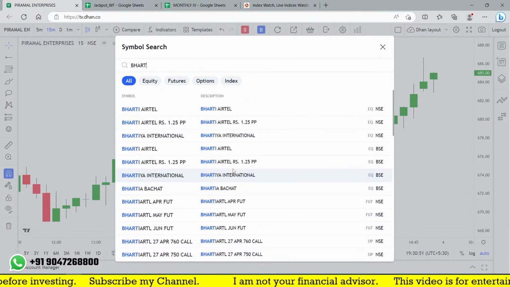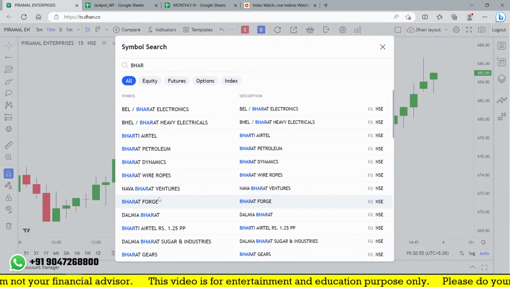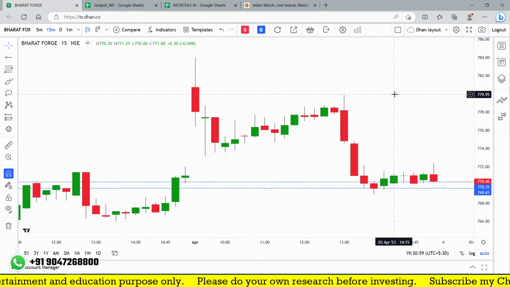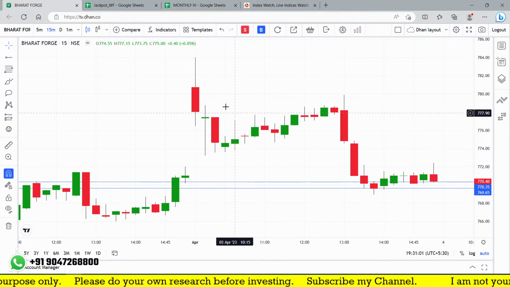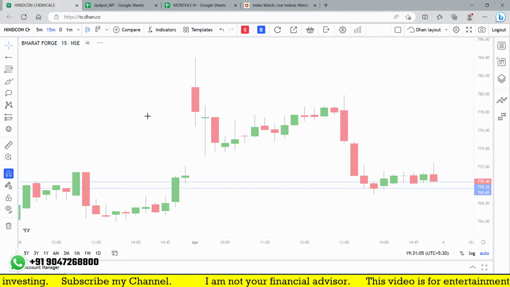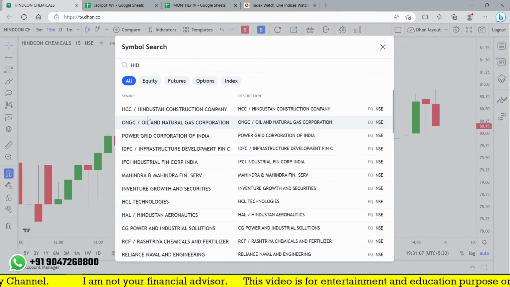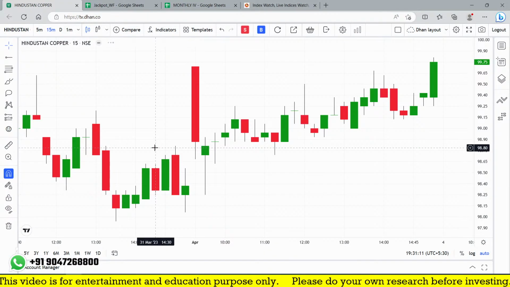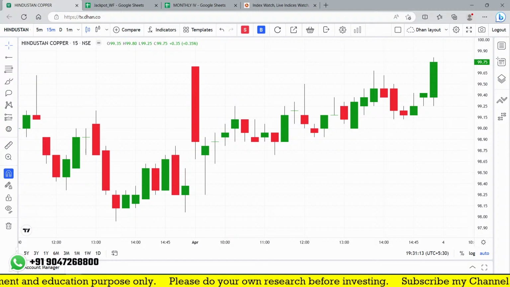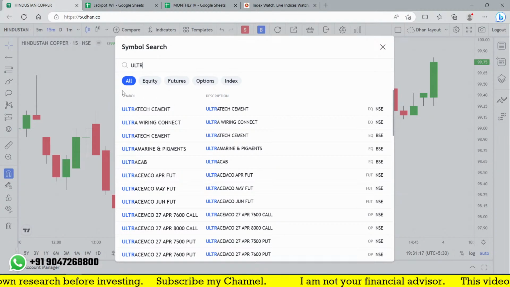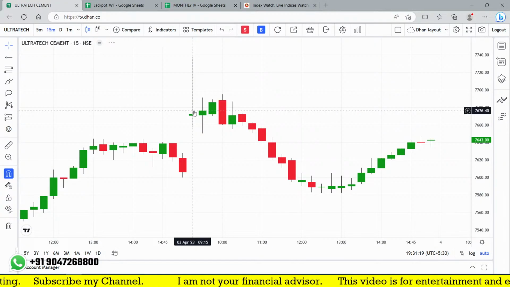In Bharat Forge, that is also hammer. And in copper, sorry, in copper, that is also be a hammer. In even Bank Nifty, Ultratech Cement also. This is what the usage of the scanner.